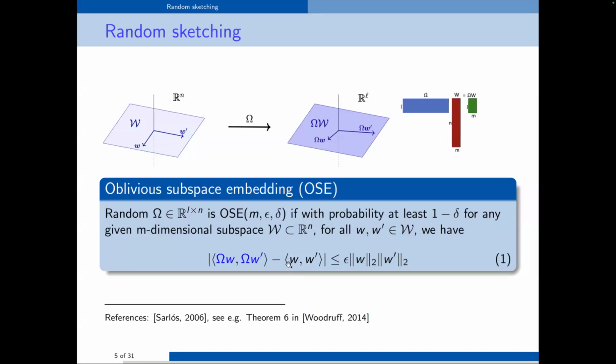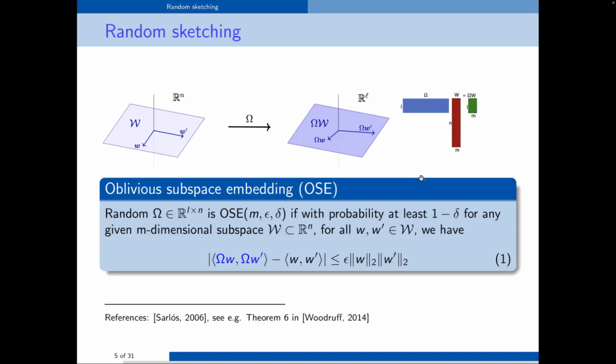So if I compute the inner product between w and w prime, and then I compute the inner product between the sketches, which are vectors of small dimension, then the difference is going to be bounded by epsilon times the L2 norms of the two vectors. And epsilon, we usually take it to be 1/2. That's why we say it preserves geometry: it preserves inner products, distances between vectors, and it preserves the norm of vectors up to this precision epsilon.